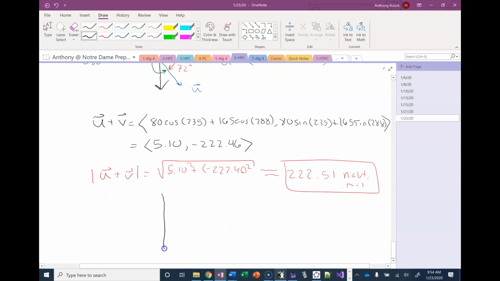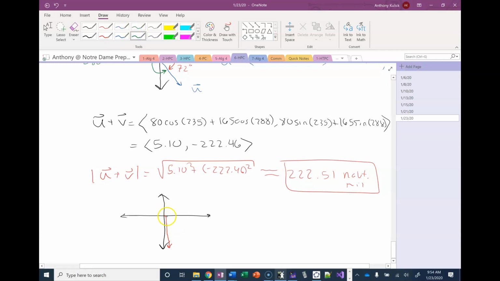And then to get its bearing, I'm going to have to draw a picture. So when I plot this point, I'm going to go 5 over and negative 222 down. So it's going to look like that.